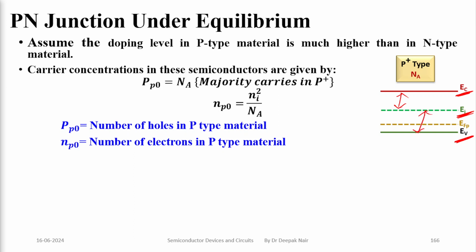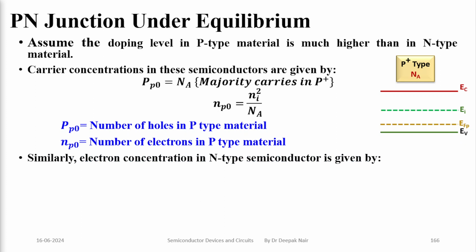But after doping, we have studied in previous lectures that the Fermi energy moves closer to the valence band in case of p-type semiconductor. Therefore, the Fermi energy level EFP has moved closer to EV in case of p plus type semiconductor.